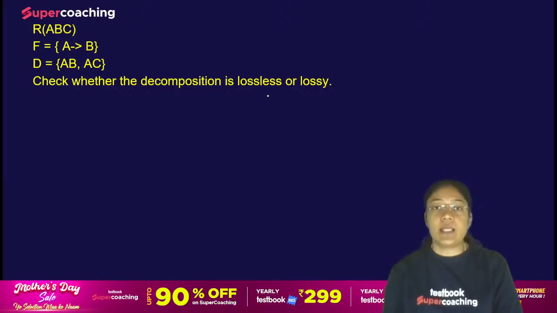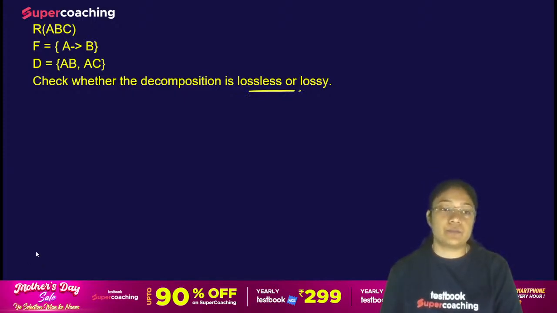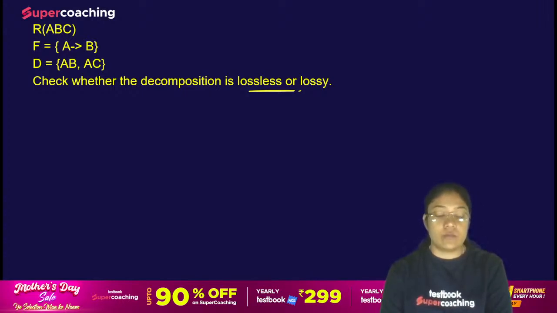So quickly tell me whether this decomposition is lossy or lossless. It is a very small question, very few functional dependencies are given. So I want the answer in 30 seconds. I guess this can be done orally.